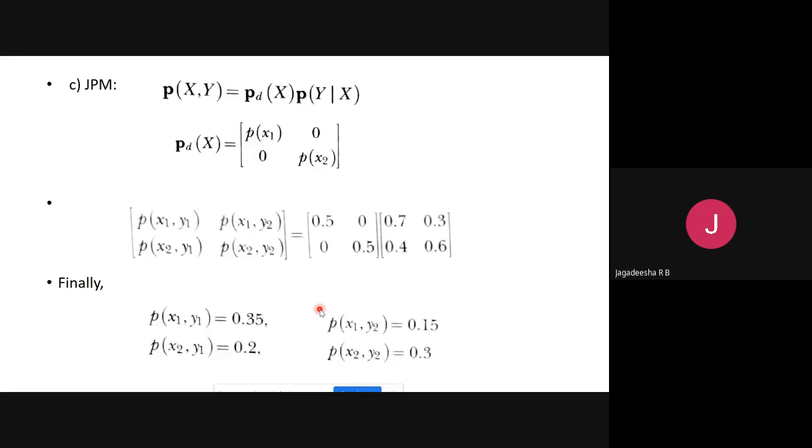And this is how we find the joint probability matrix. So how to represent the JPM? The JPM is a matrix where the first value is 0.35, the second value is 0.15, the third value is 0.2, and the fourth value is 0.3. So these 4 values, you write as a matrix, then that's your final answer, the JPM. So this is how you find out the different parameters that we discussed.